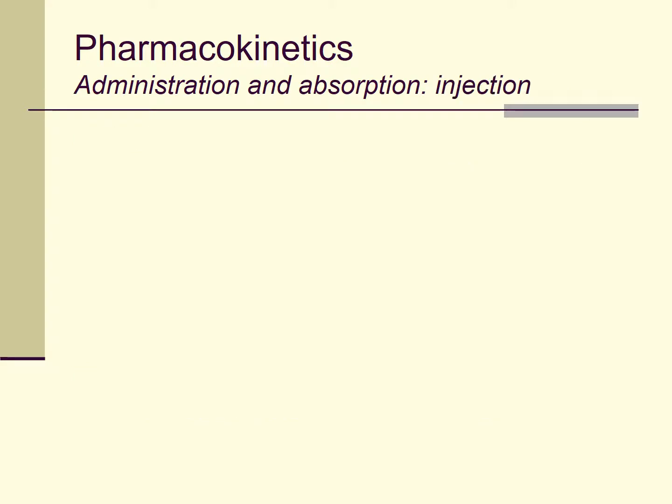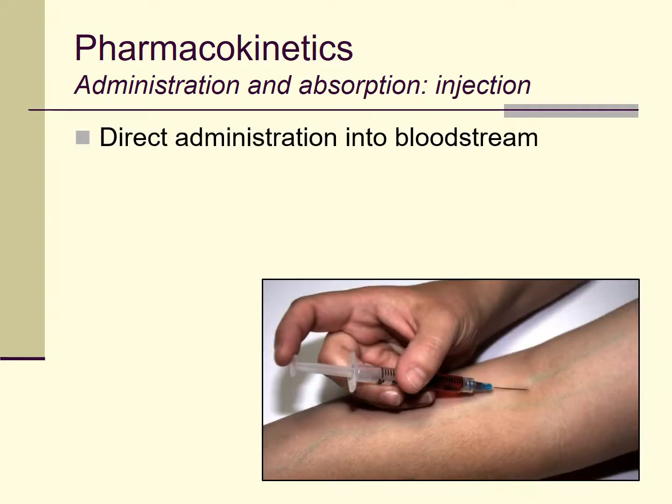So the fourth method of administration is injection, which is pretty obvious. Although I will say one thing that maybe people don't realize is what we're talking about here is injection into veins, so intravenous injection. People rarely inject drugs into their arteries because there's usually a fair bit of positive pressure in your arteries. Your heart is pushing the blood around your body.